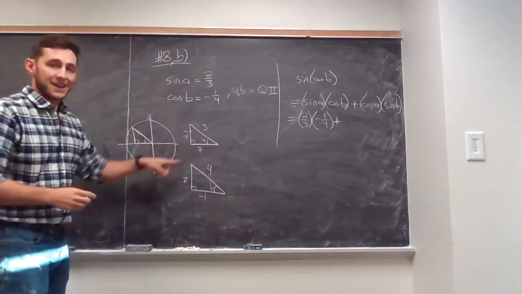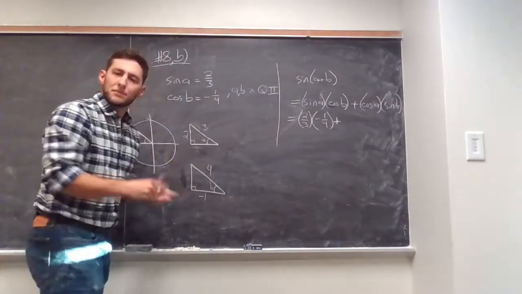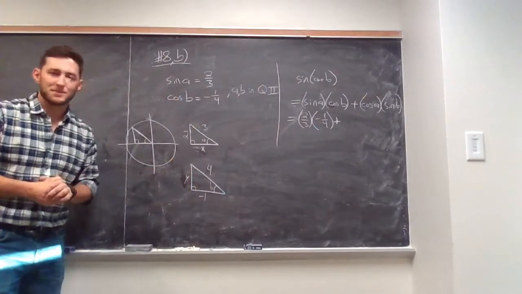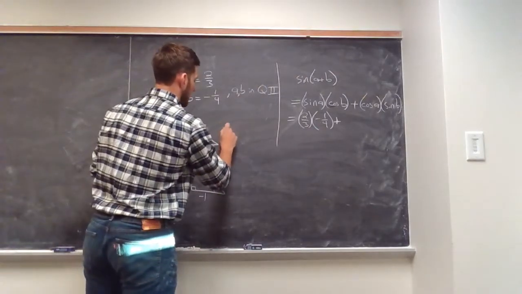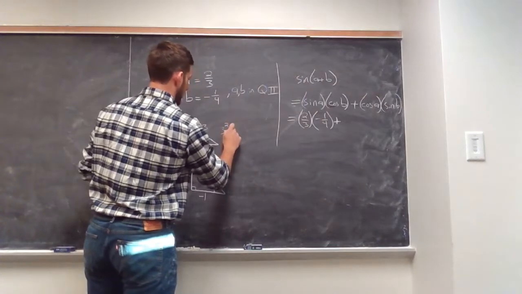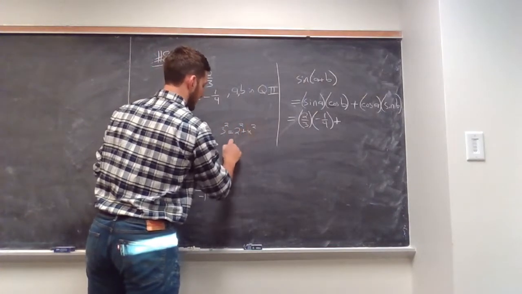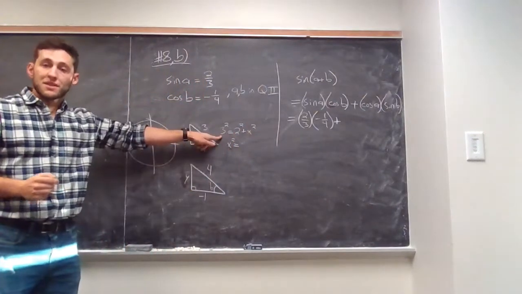To find this one right here, maybe I'll call this a, you know what, let's do ourselves a favor. X and y. We like those numbers. To find x, we lean on our friend the Pythagorean Theorem. 3 squared equals 2 squared plus x squared. 3 squared is 9.